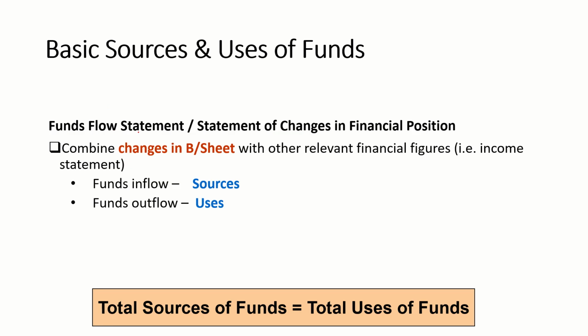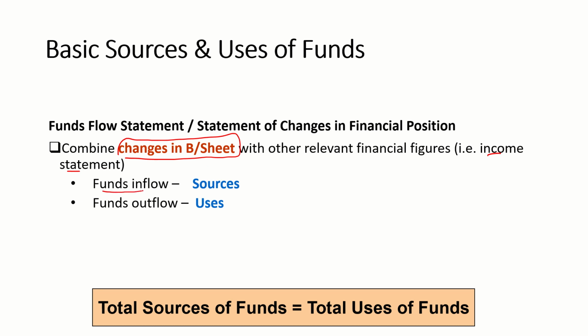A fund flow statement, or statement of changes in financial position, combines changes in the balance sheet with other relevant financial figures such as the income statement. So basically what we need is 2 years of balance sheet and an income statement.